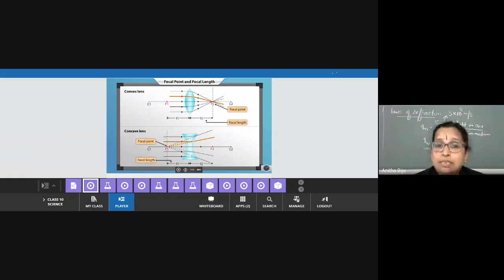In the case of a concave lens, the refracted rays appear to meet at a particular point on the same side of the lens, or the same side as the incident radiation. So therefore, a concave lens is called a diverging lens. It appears to meet. That's why it is called a diverging lens. I hope it is clear to you. Let us continue.